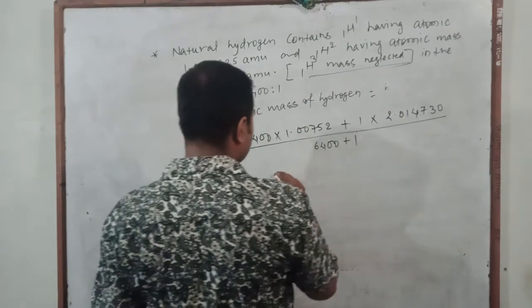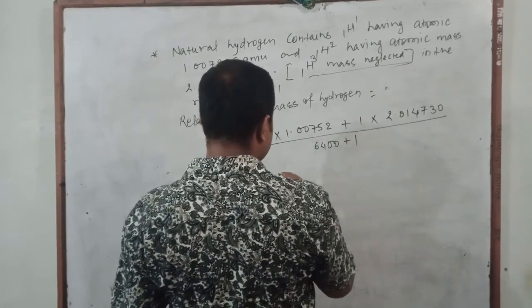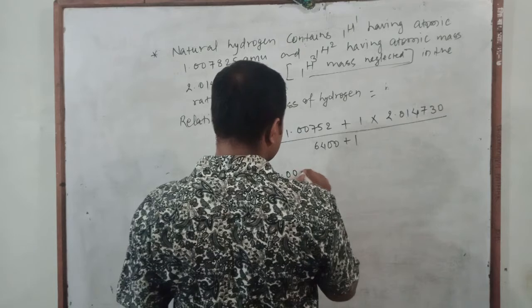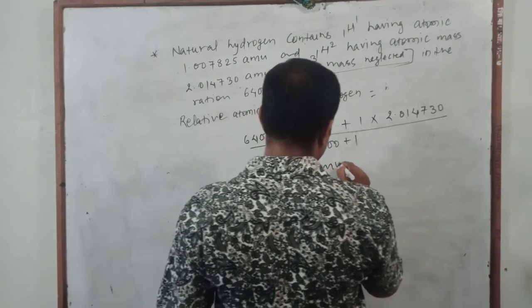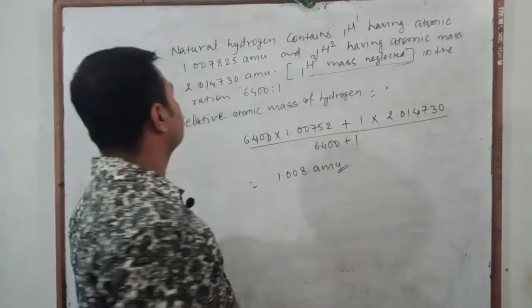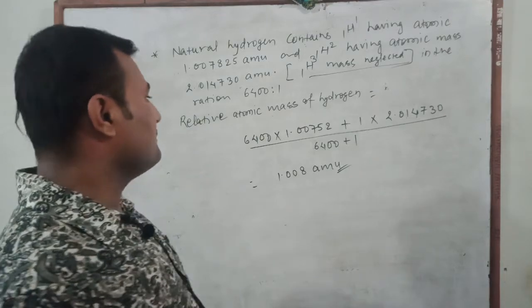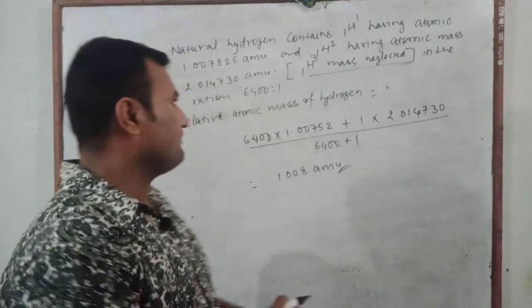By adding and dividing, we get 1.008 AMU as the relative atomic mass of hydrogen.